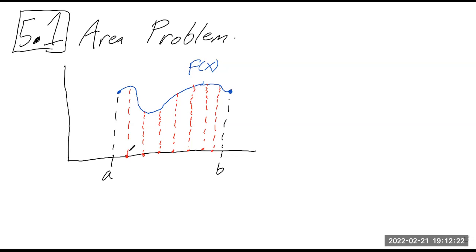Then to make these rectangles, what I'm going to need are points here that we call x1, x2, x3, dot, dot, dot. And we extend out to the last nth rectangle.